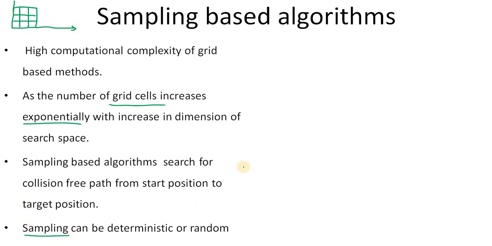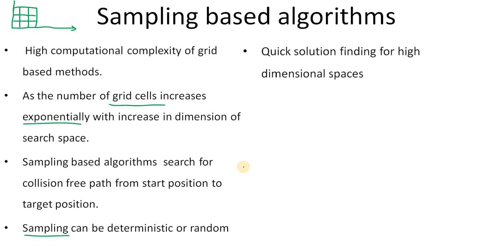Sampling means just taking a point from your configuration space or your state space or your workspace. You just take a point either randomly or deterministically from your search space, and this process is called sampling. We shall see in detail with an example soon.